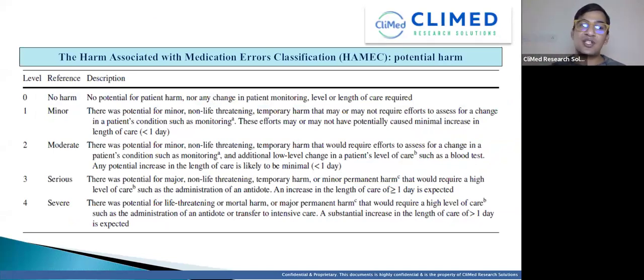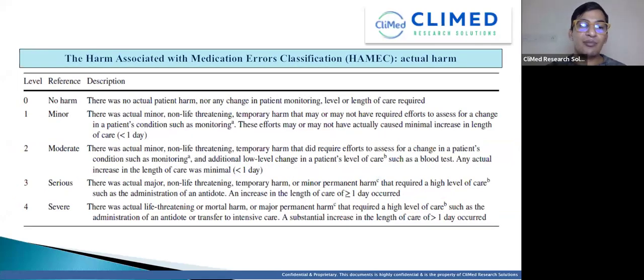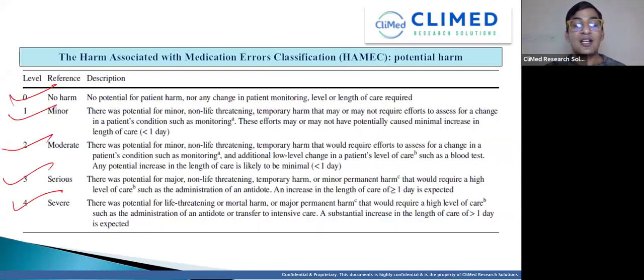The classification is the same for both: no harm, minor, moderate, serious, severe. The only difference is the word potential. For no harm: there is no potential for patient harm.